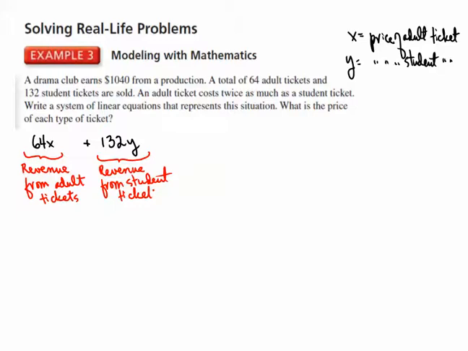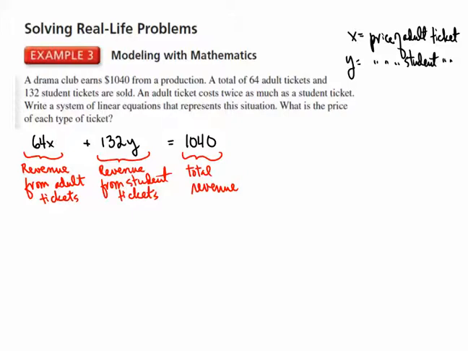And together, the revenue from the adult tickets plus the revenue from the student tickets should give us the total, which we know was told as $1,040 total revenue. All right, now that's one equation that we know, but we still have x's and y's, and we need to substitute out one of them.